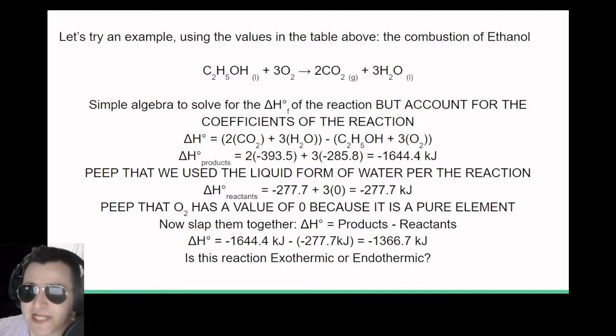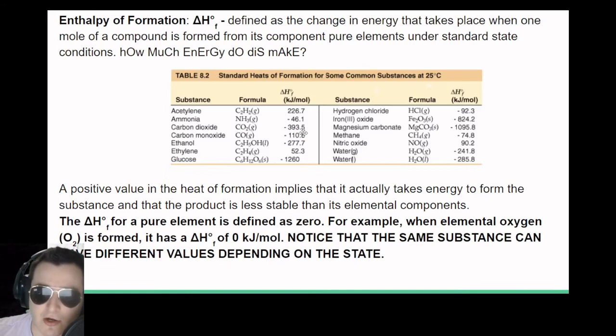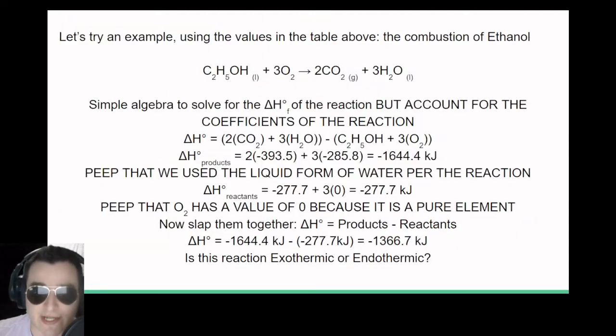But how much did it take to break our reactants? Our reactants are 277.7 kilojoules, right? Understand that we are going to throw that minus sign in front of the reactants. Even though this chart says that ethanol releases 277.7 kilojoules when it is formed, we are not forming it here. We are breaking it here, which is why it is going to require 277.7 kilojoules to break it. So it is a flipping of the sign.